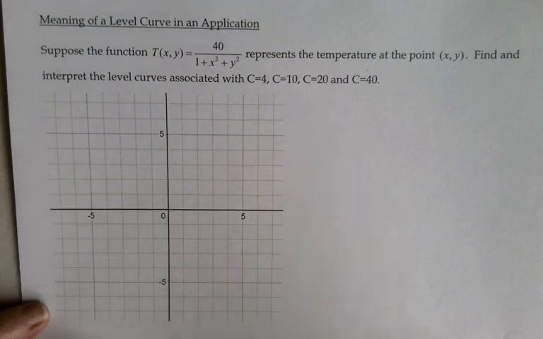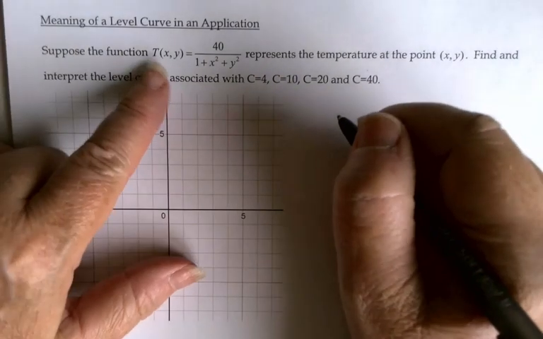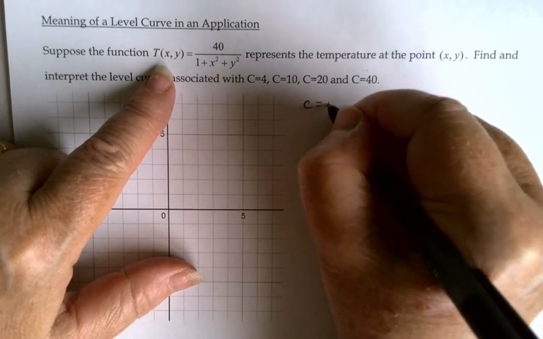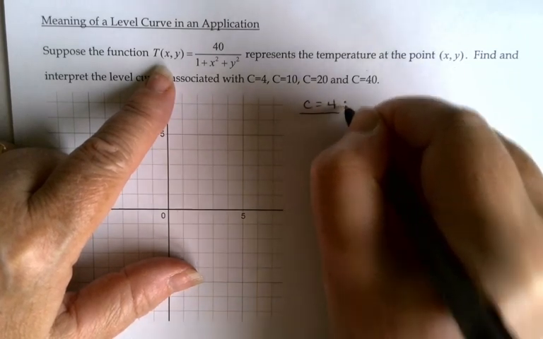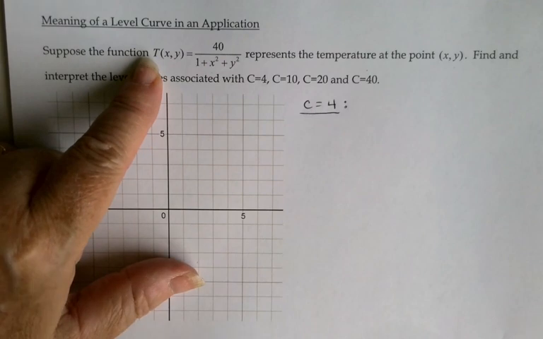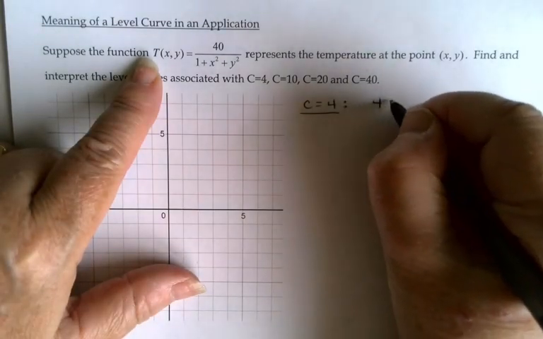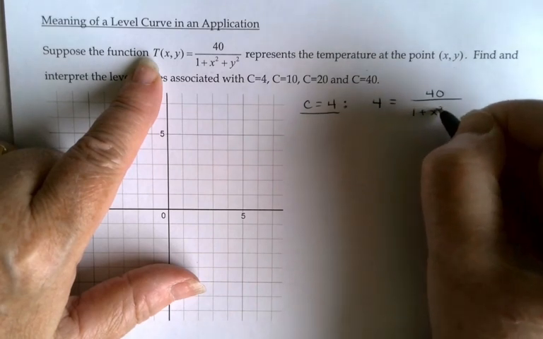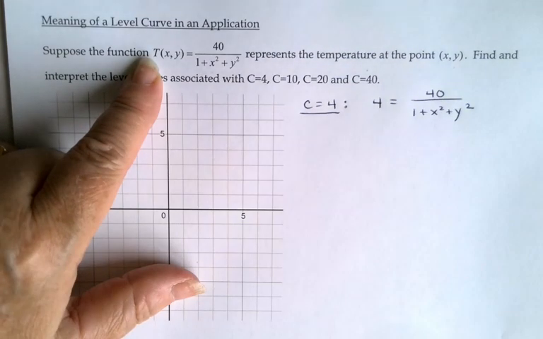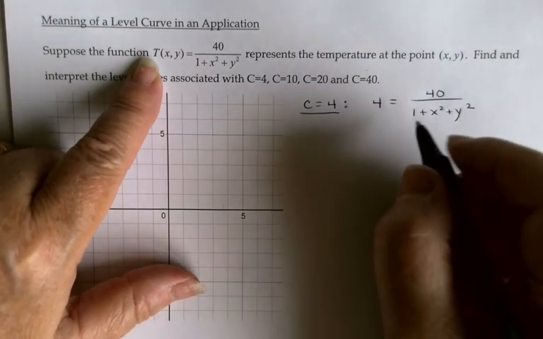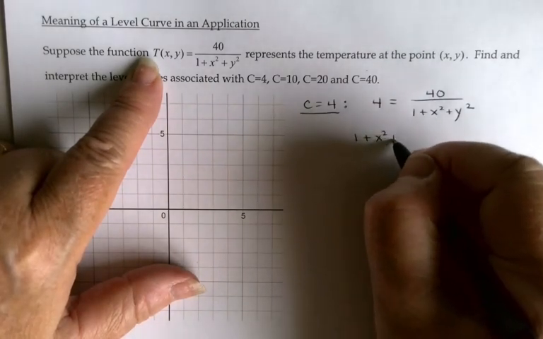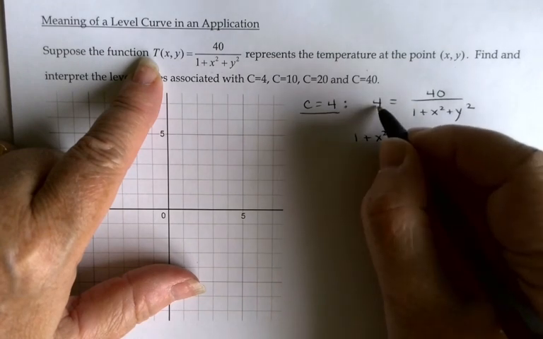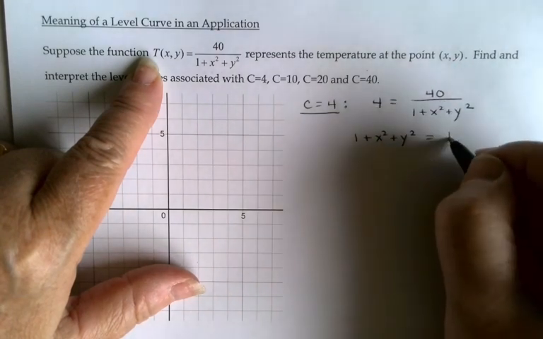So let's see. We'll start with c equals 4. Instead of z, I have a T this time, but same idea. I'm going to replace it with 4. And if I multiply this over, I'd have 1 plus x squared plus y squared equals, I'm going to divide the 4 over to get 10.